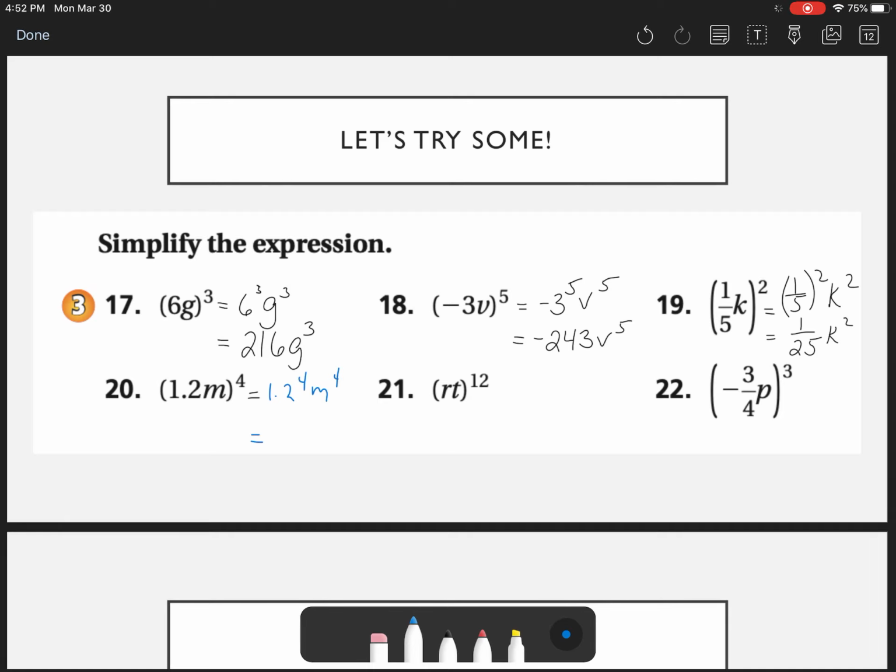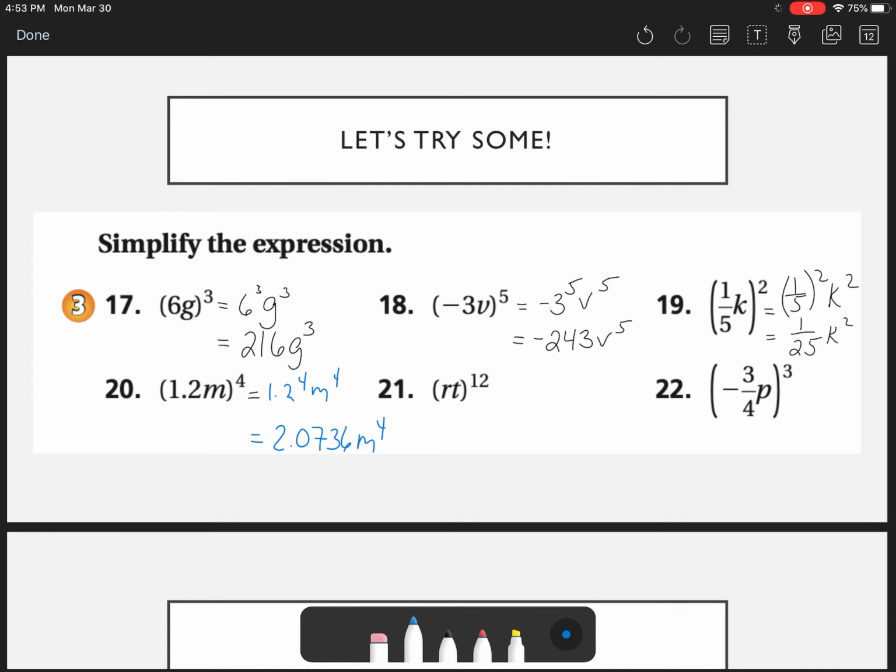And when we work out 1.2 to the fourth, we get 2.0736 m to the fourth.